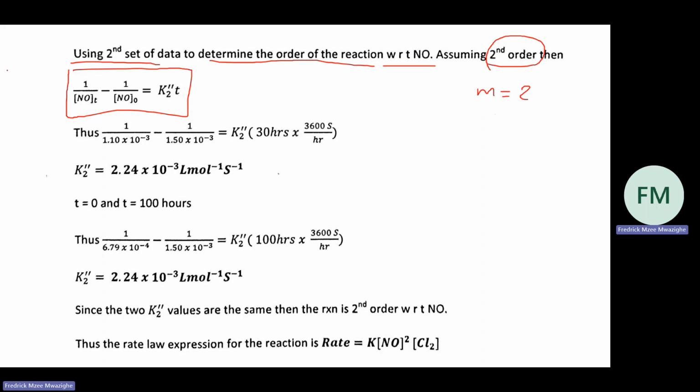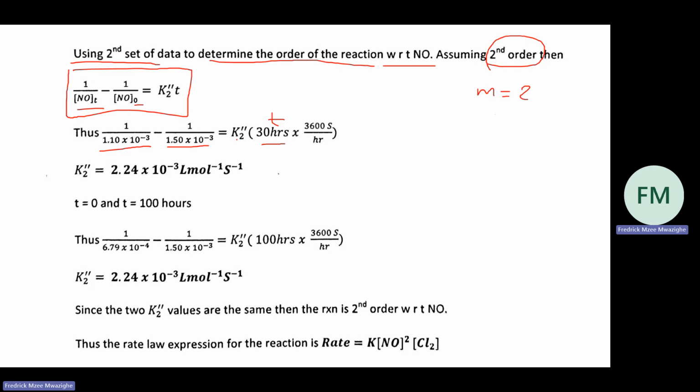The expression would be 1 over the concentration of NO at time T, minus 1 over the concentration of NO at T equals 0, equals K2 prime T. We have all these values: the concentration of NO after 30 hours is 1.1 times 10 to the power minus 3, and the concentration of NO at time T equals 0 is 1.5 times 10 to the power minus 3.